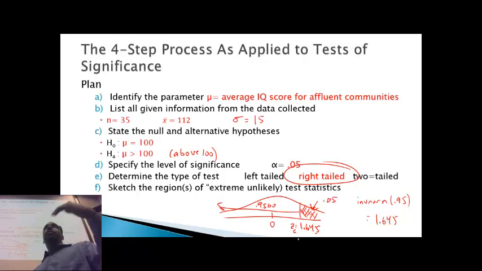You will only be required to sketch the curve and shade the right-hand side without labeling z sub c. What I'm saying here is that any z-score bigger than 1.645 is enough evidence to reject the null hypothesis. So let's go ahead and investigate.